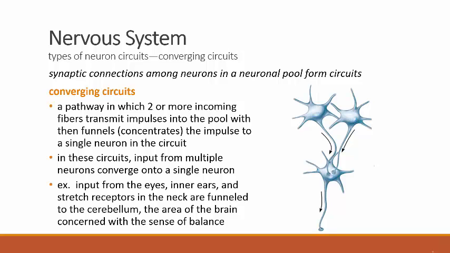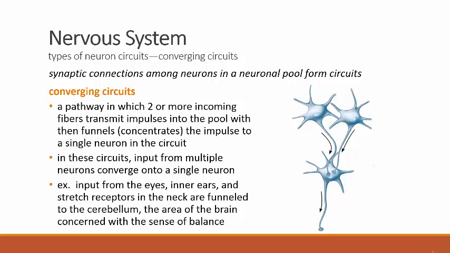The simplest neuronal pool might involve just two neurons, an incoming neuron and the neuron taking the impulse away. So these neuronal pools are just groups of neurons that are working together.